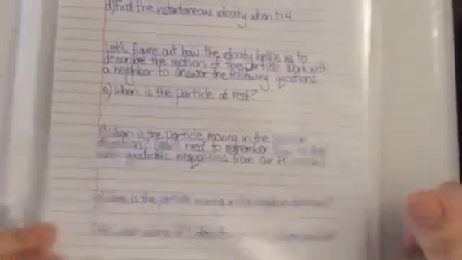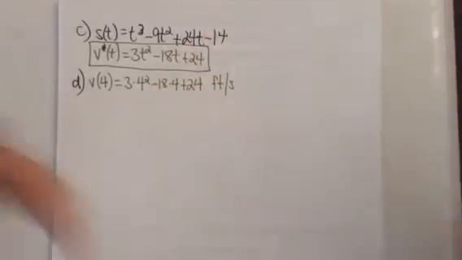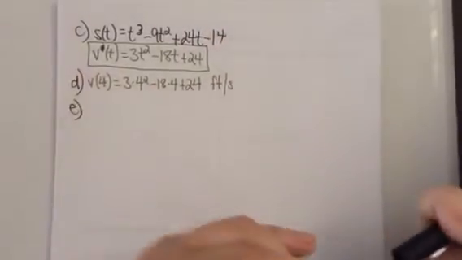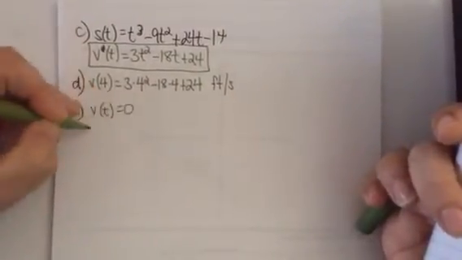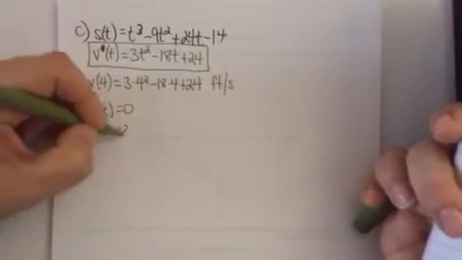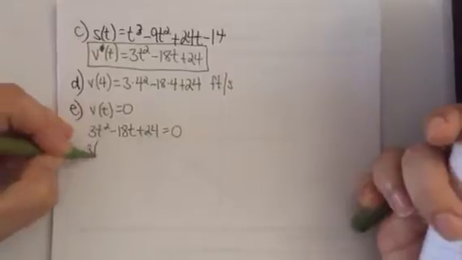Particle at rest means it's not moving, which means its velocity is 0. So I want to take this velocity equation from part C and set it equal to 0. And then we're going to do some algebra.